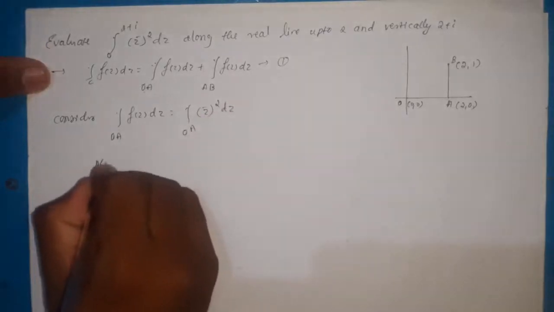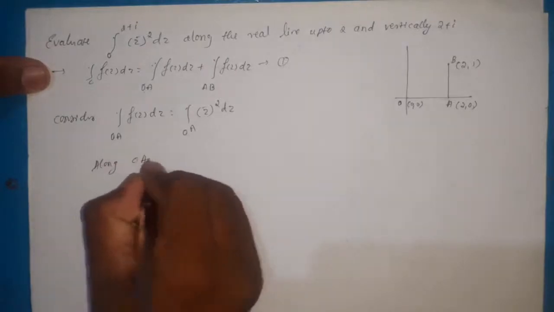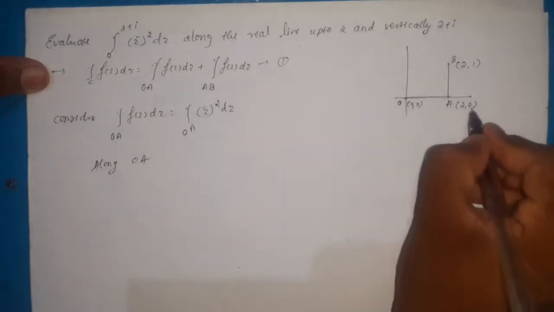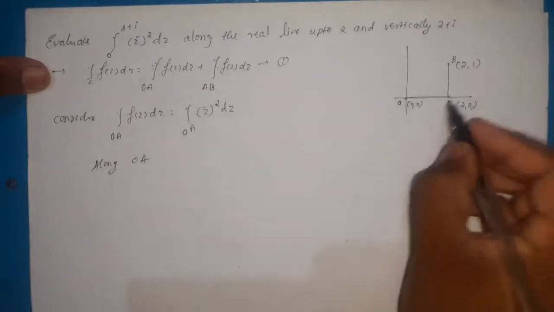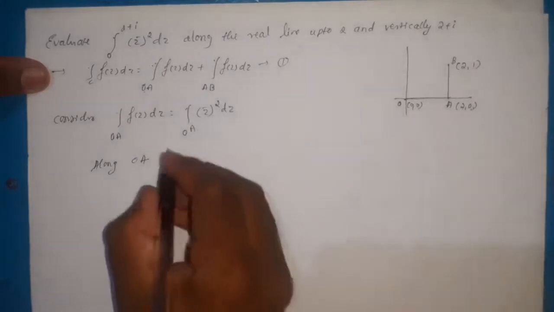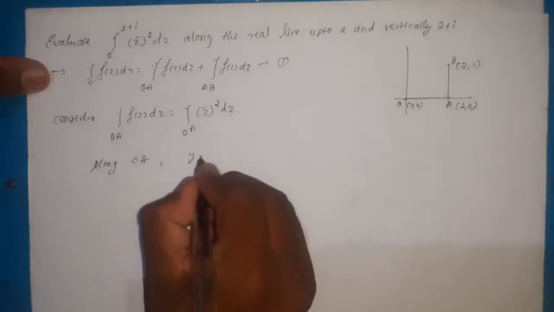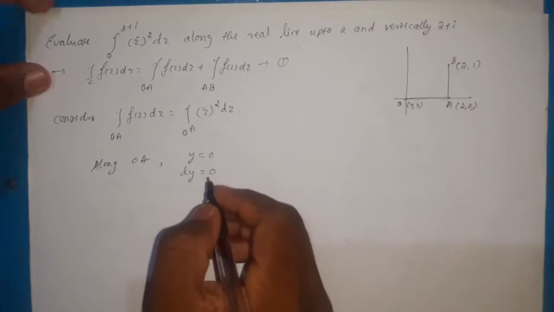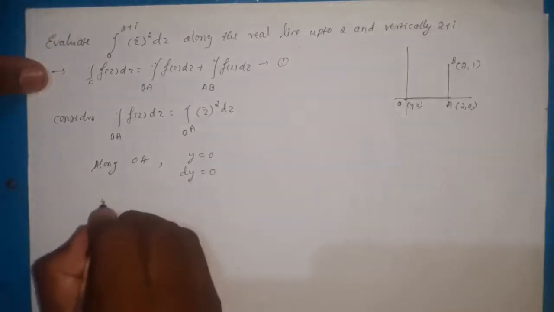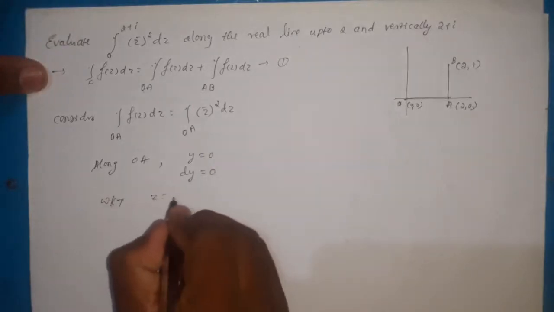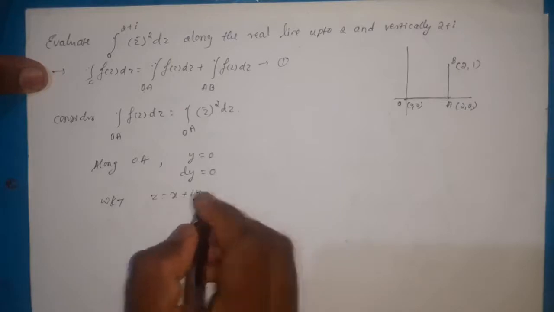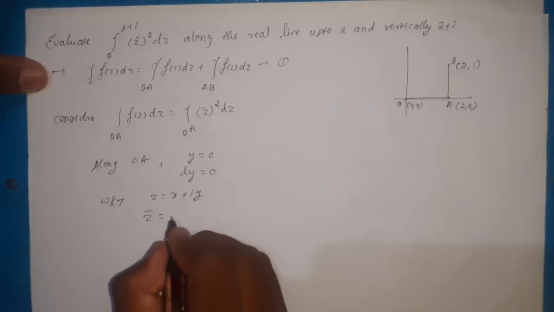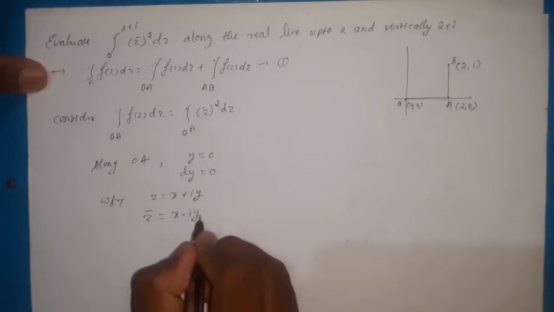Here along OA, along this line, we know that y is equal to 0 and x varies from 0 to 2. y equal to 0, dy is equal to 0. We know that z equal to x plus iy, so z bar becomes x minus iy.